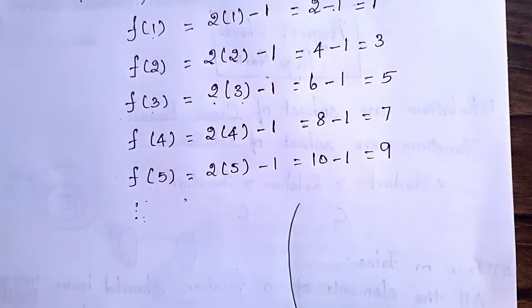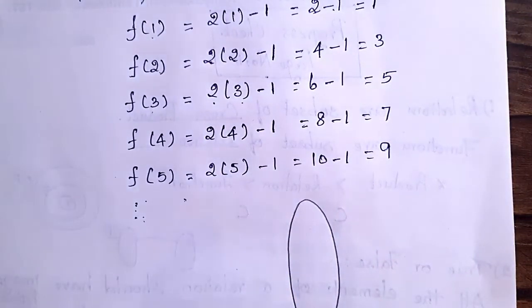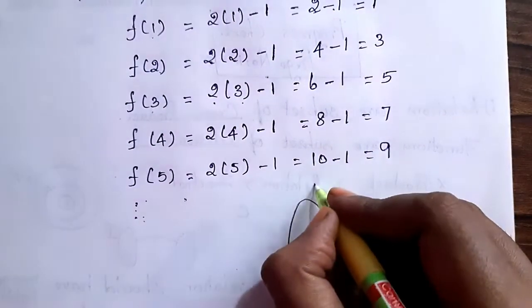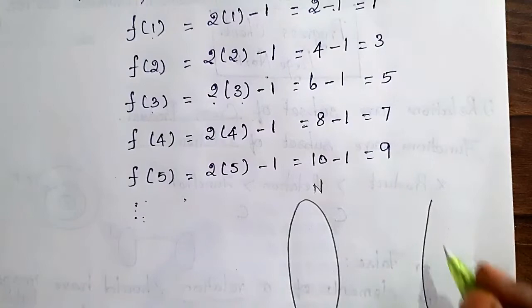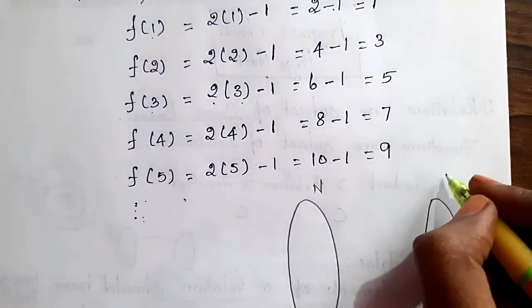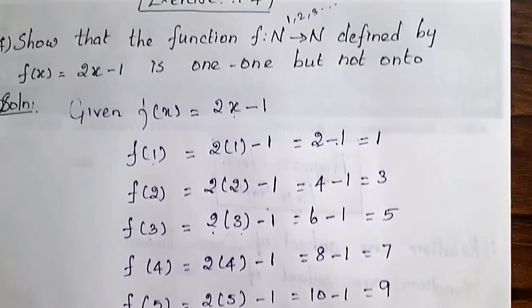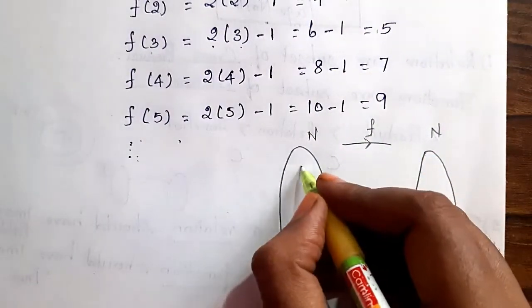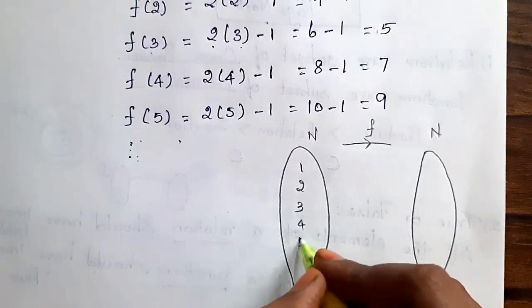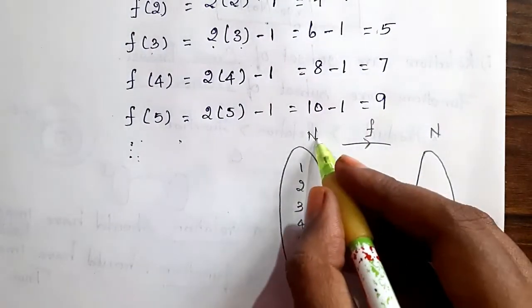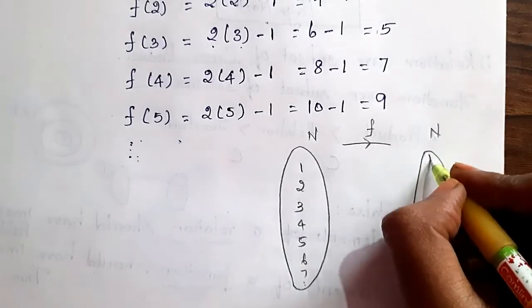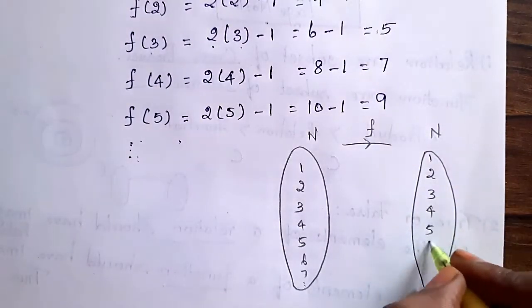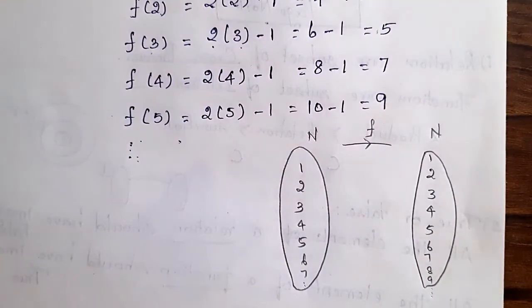Just you can draw the arrow diagram. So this is N. This also N, because our function is f from N to N. The values are 1, 2, 3, 4, 5, 6, 7, etc. In N, we have the set of all natural numbers. Here the same, 1, 2, 3, 4, 5, 6, 7, 8, 9, etc. Okay, because this is also the set of all natural numbers.